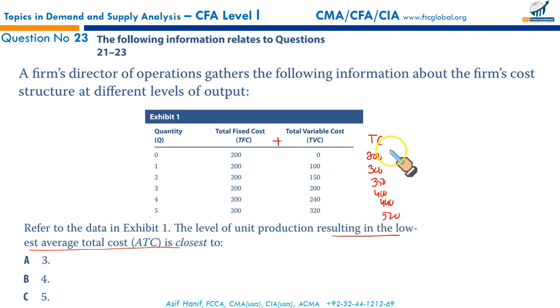We need average total cost, so we'll simply divide it. First, this is irrelevant. 200 by 0 is infinity, undefined. So 300 by 1, 350 by 2 is going to be 175.